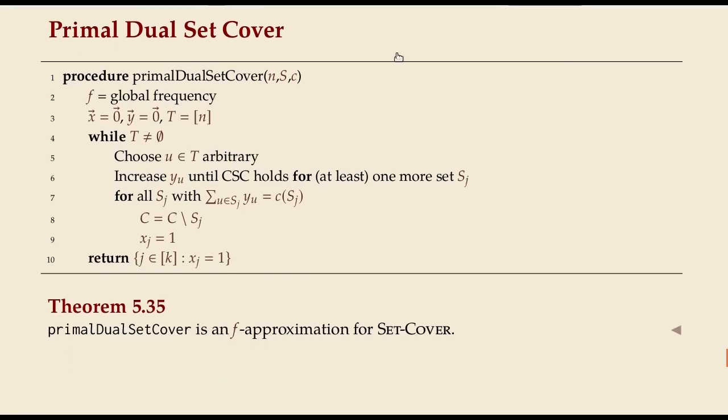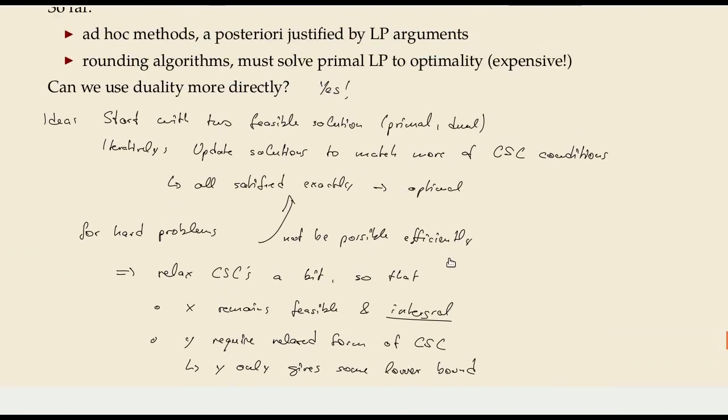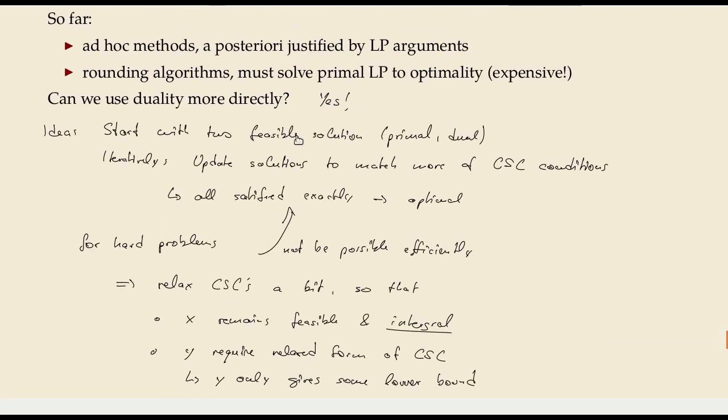So I think I said here, start with 2 feasible solutions is not quite accurate. I think we should say we start with any 2 solutions. And we would like that the dual is feasible, whereas the primal is infeasible but integral.